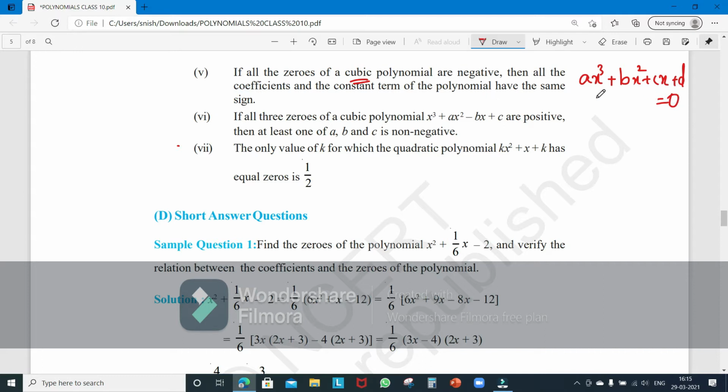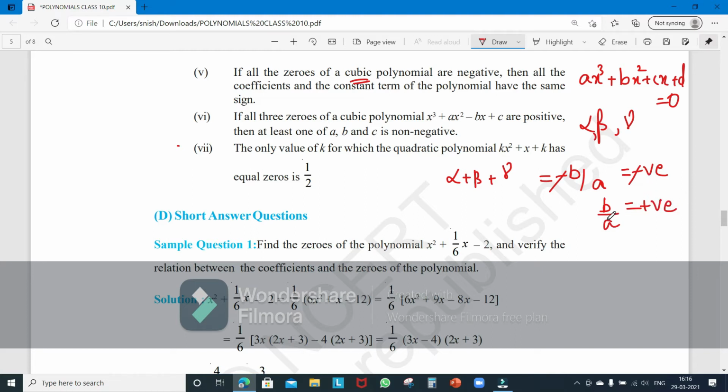If all the zeros, it will have 3 zeros, alpha, beta, gamma, they said all of them are negative. So let's try to analyze them. The sum of the roots, alpha plus beta plus gamma, is equal to minus b by a, and when all are negative, the sum of the negative terms will also be negative. This negative will get cancelled. So b by a is positive.